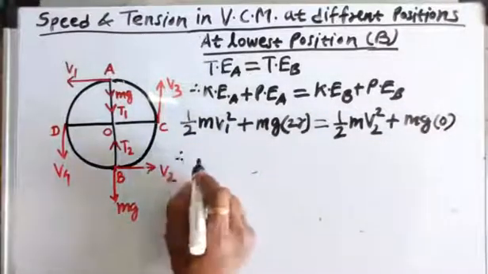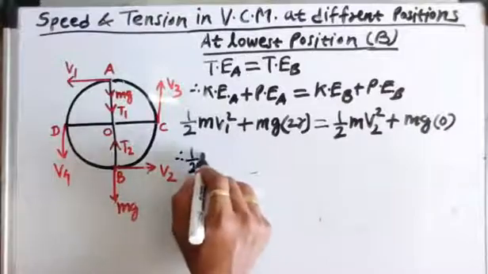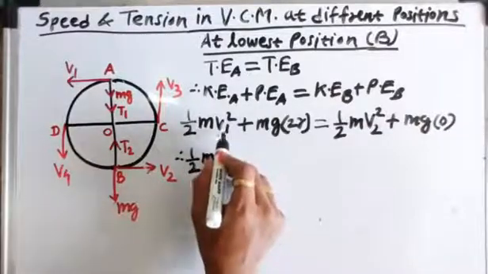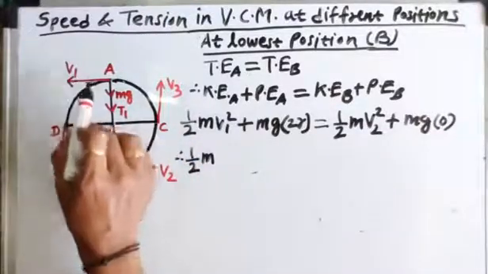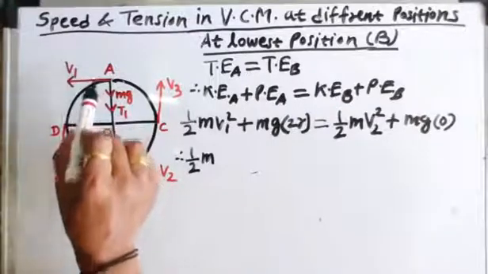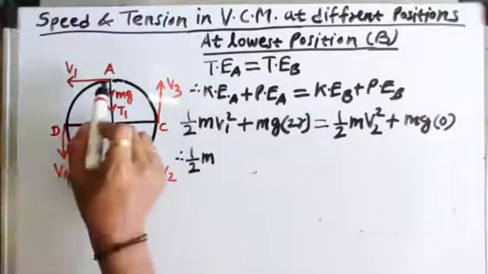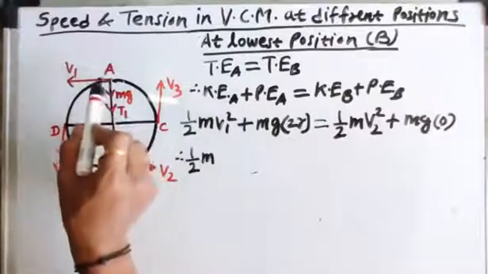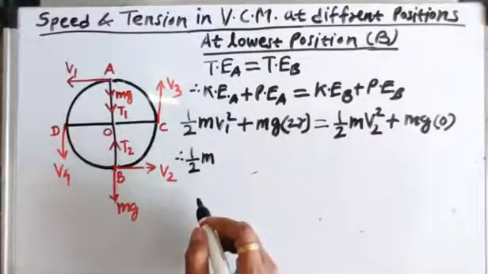So here we get half m times V1 square. We know V1 is the linear speed at the highest position A, and its value we already know: V1 is under root rg.